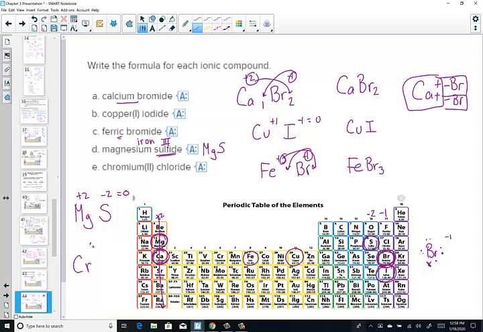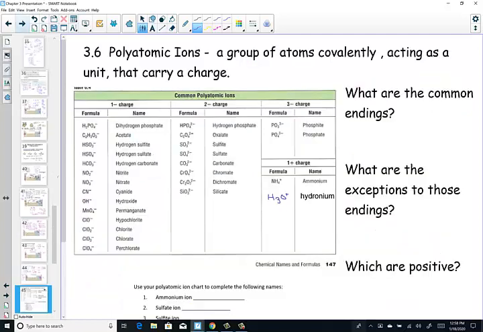Chromium, +2. And chloride, -1. And we have a +2 and -1. Bring those charges around and down. CrCl2, chromium 2 chloride. Remember, repetition over and over and over for drill work, and we'll have these.